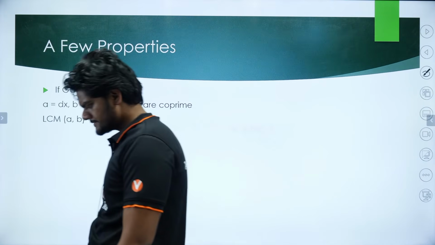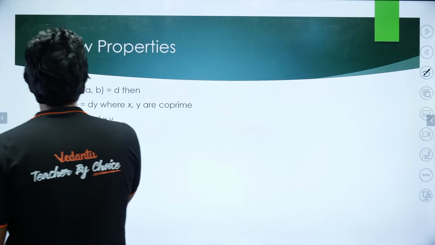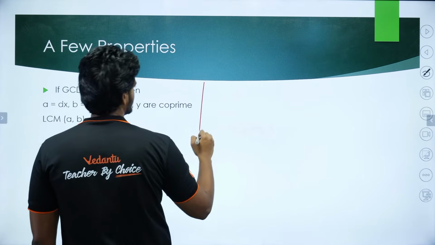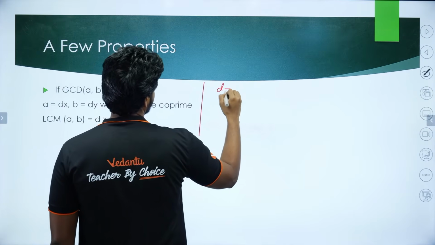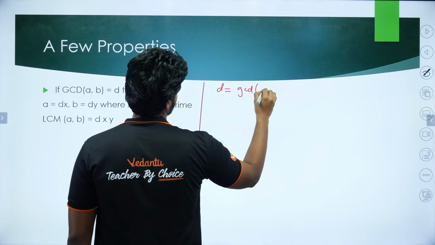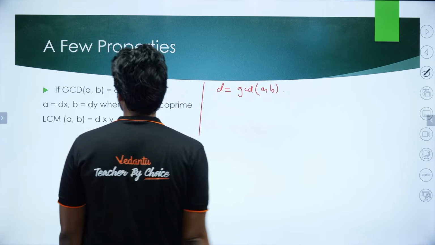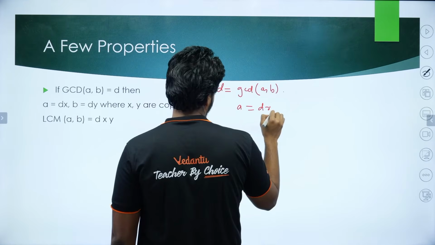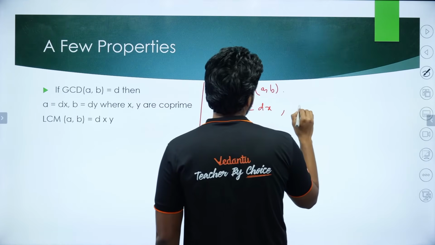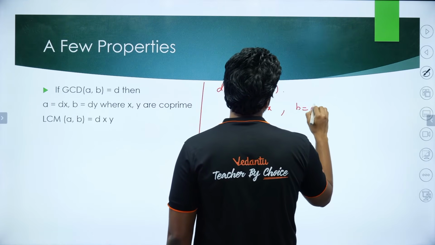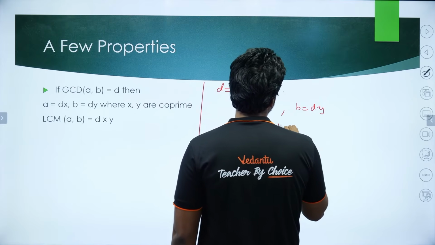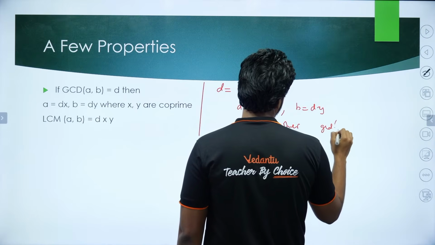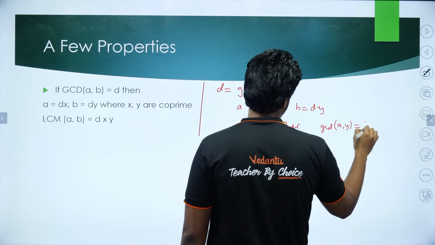A few more properties. This is something interesting. You must note that if D is the GCD, then A can be written as D into X, of course, because it is a divisor, and B can also be written as D into Y, where GCD of X comma Y is equal to 1.